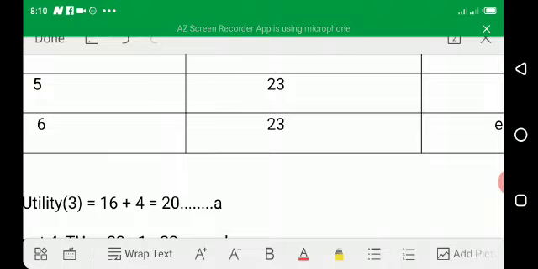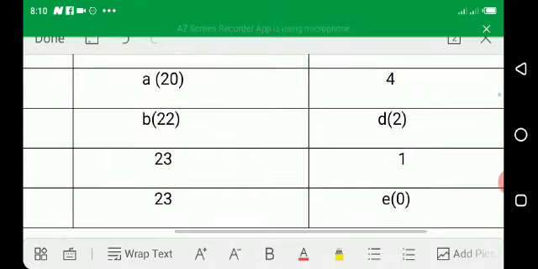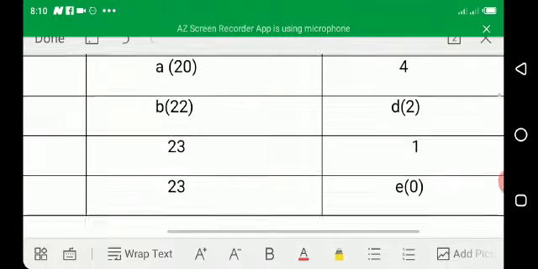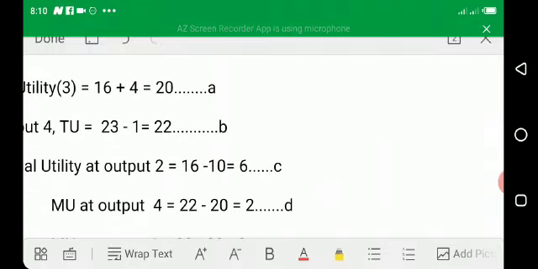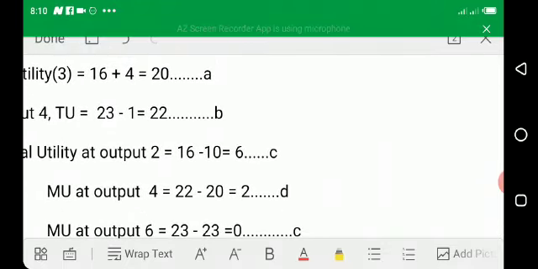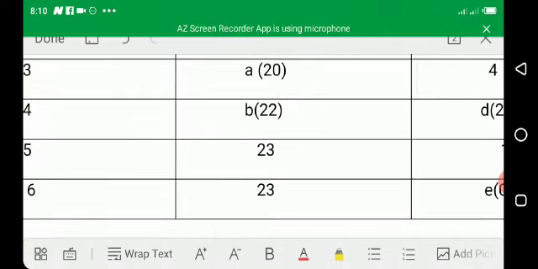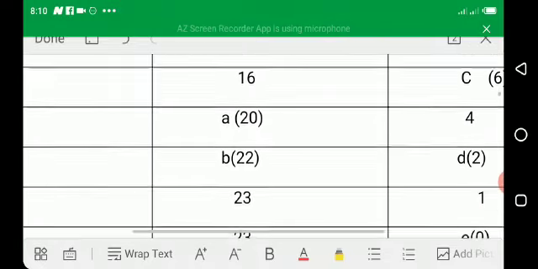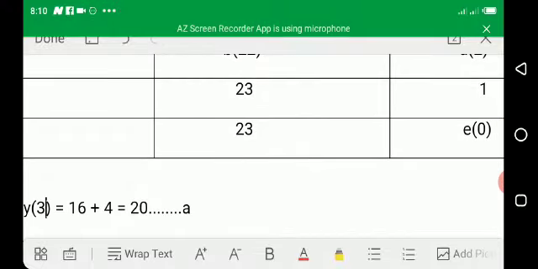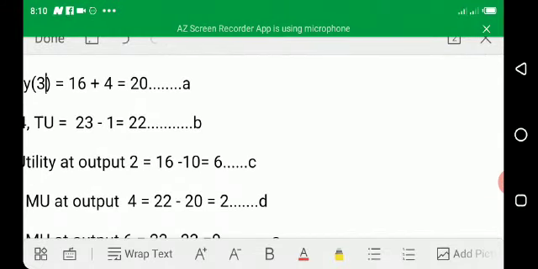That's why I said we should go to the marginal utility column first. So while that one is 20 now, we need to calculate the marginal utility at 4. So the marginal utility at 4 therefore will be total utility at 4, which is 22, minus total utility at 3, and that will give us 2, which is D that was given.